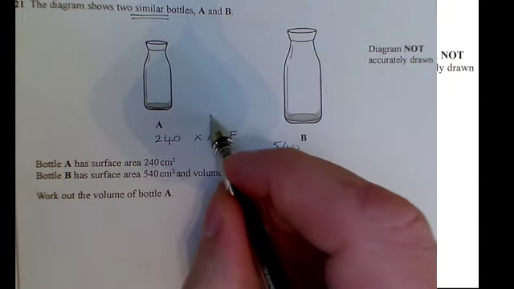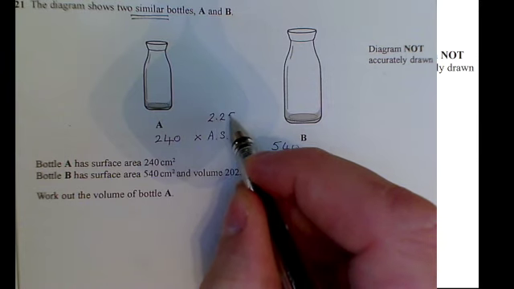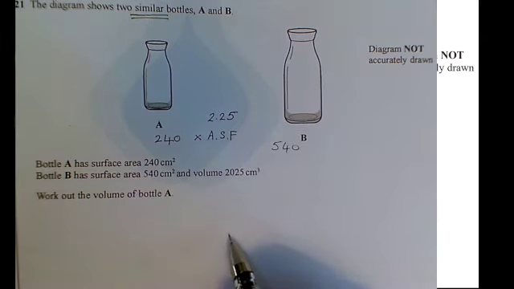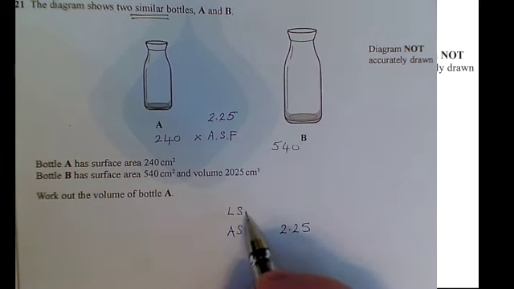Okay. So that's great, because if I've got an area scale factor, I can find a line scale factor, and then I can find a volume scale factor. So let's write those down, shall we? So we've got area scale factor is 2.25, and I want a line scale factor and a volume scale factor.